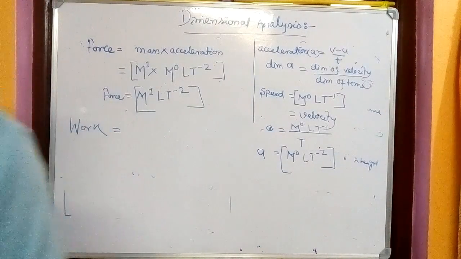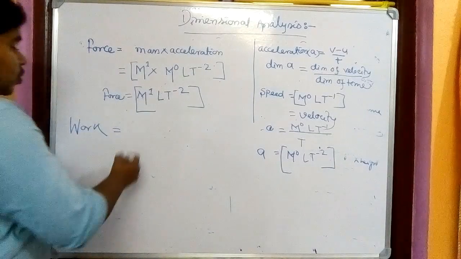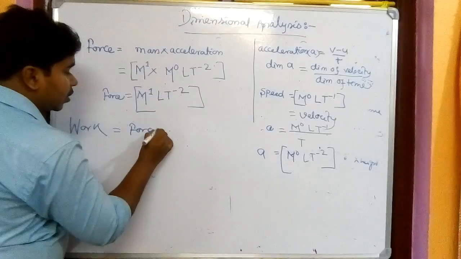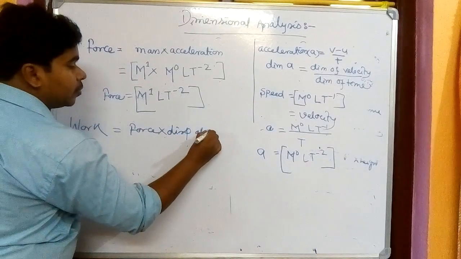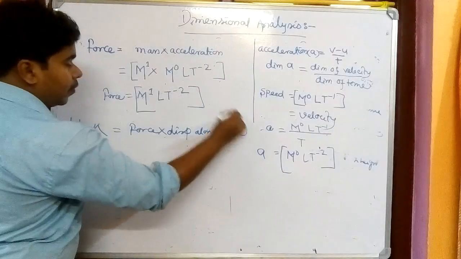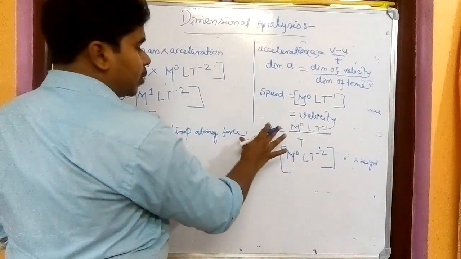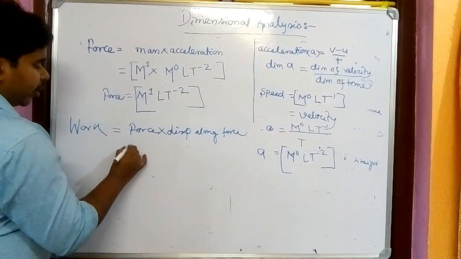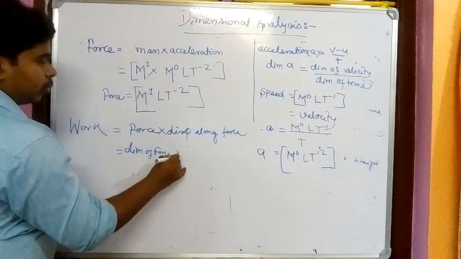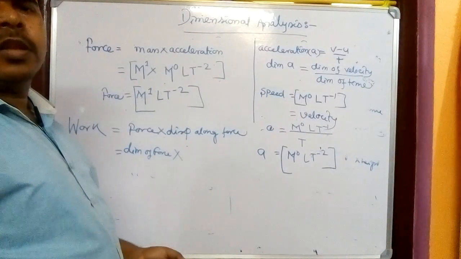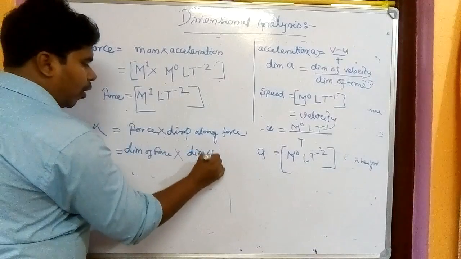It is also a physical quantity that we can measure. Work equals force into displacement along the force. If I find the dimension, it is the dimension of force into displacement, which means the length.